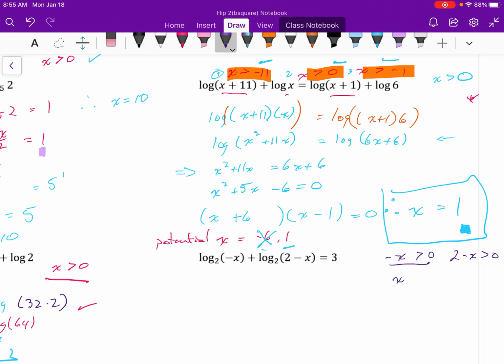Now, my first restriction really means, if I multiply both sides by negative 1, x has to be less than 0. Right? When you multiply both sides by negative 1, you have to flip your inequality sign. This next one here, well, I'll let you work on it. But what ends up happening is that x has to be less than 2.